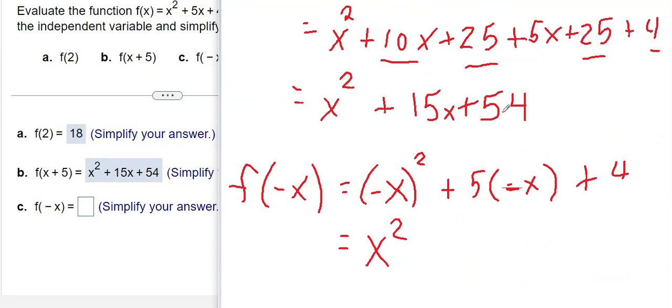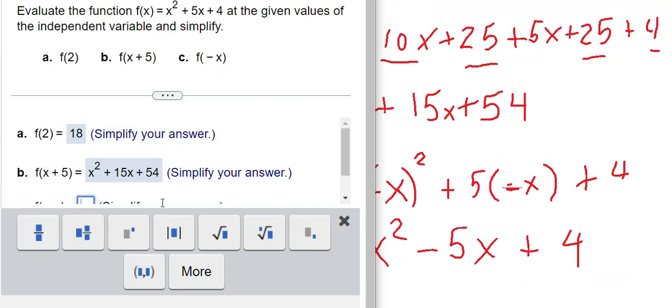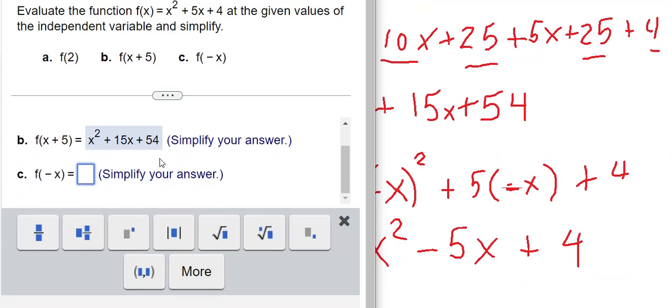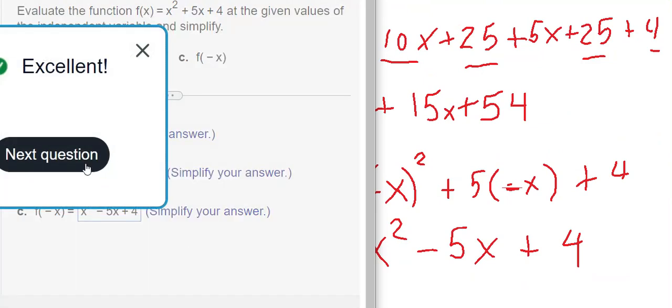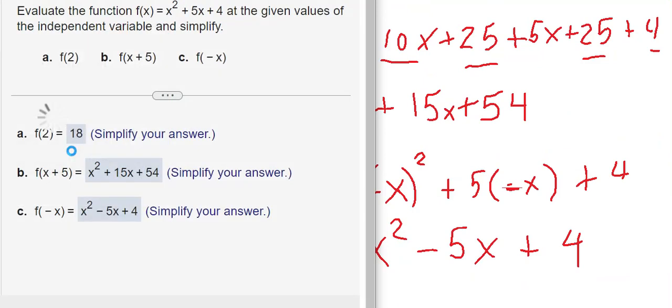A positive times a negative is a minus 5x. And then we have plus 4. So the answer to this one is x to the second. Again, you can use this key or the caret key, which is shift 6 on your keyboard. x squared minus 5x plus 4. So that is evaluating a function for given values.